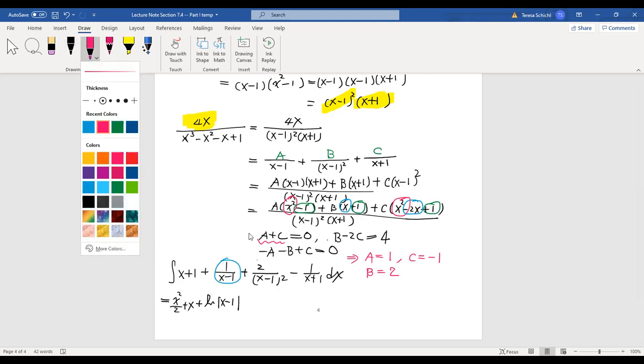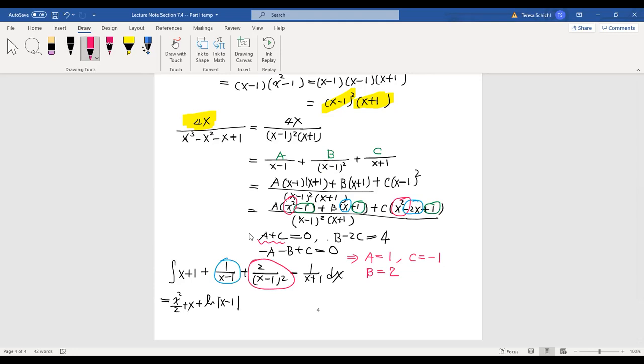Okay, so what is this one here? You can use the u-substitution, right? That's why you need to combine all the knowledge you learned. So you can use u equals x minus 1, so du is equal to dx. So this term will become 2 over u squared, right? Then you use the power rule.